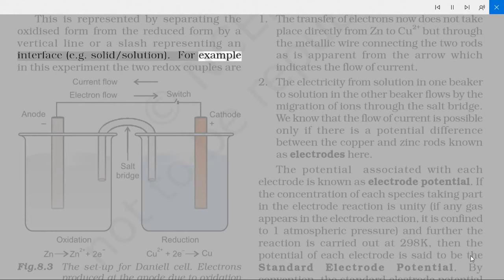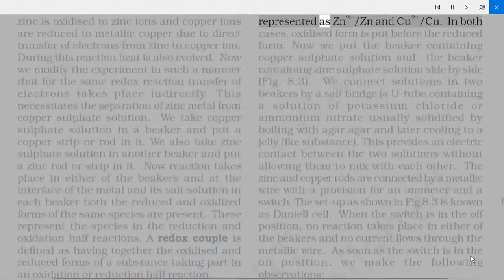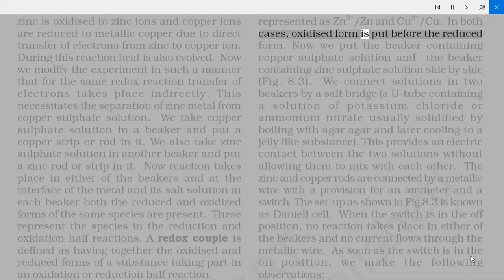For example, in this experiment the two redox couples are represented as Zn2+/Zn and Cu2+/Cu. In both cases, the oxidized form is put before the reduced form. Now we put the beaker containing copper sulfate solution and the beaker containing zinc sulfate solution side by side, Fig. 8.3.